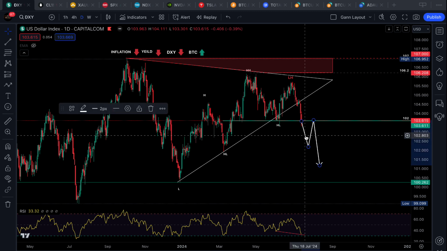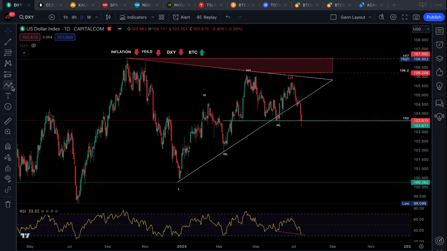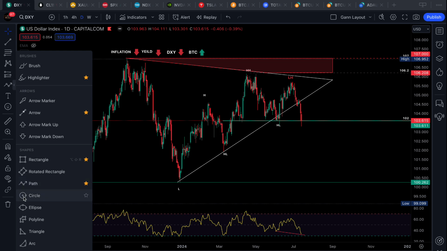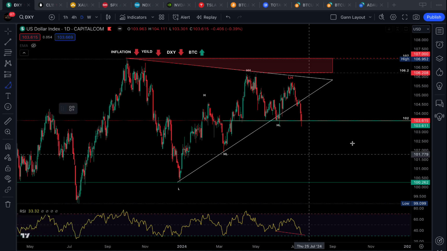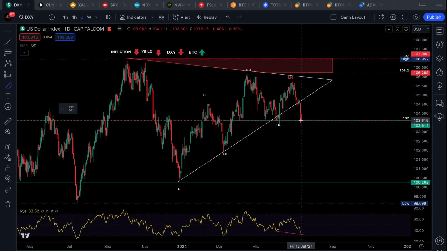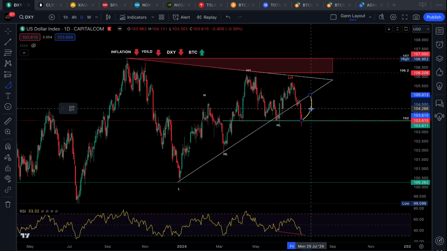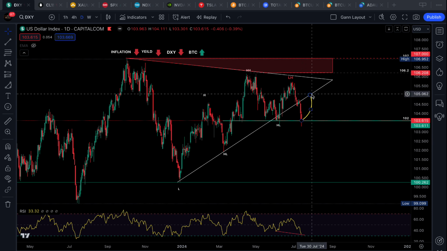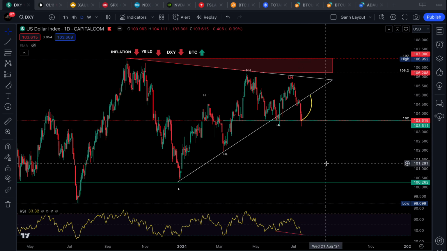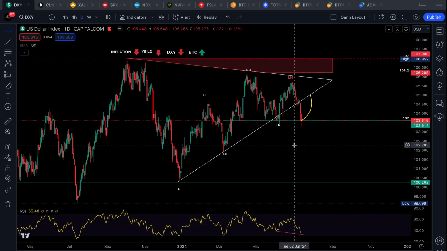What I think is likely to happen next week or in the next few weeks, I'm expecting the DXY to retest this upward sloping trend line. Okay, it was support, it will be tested as resistance, and then it will continue to move lower. However, it's not going to be immediate.